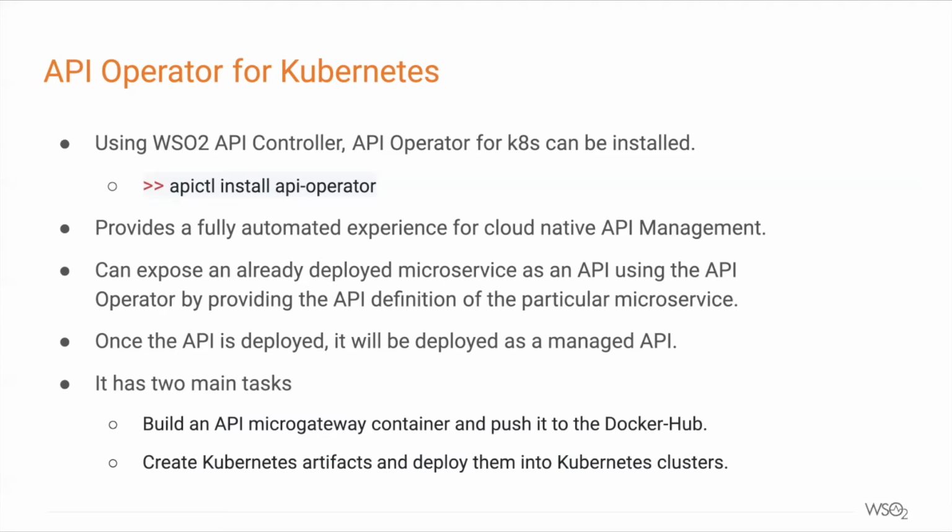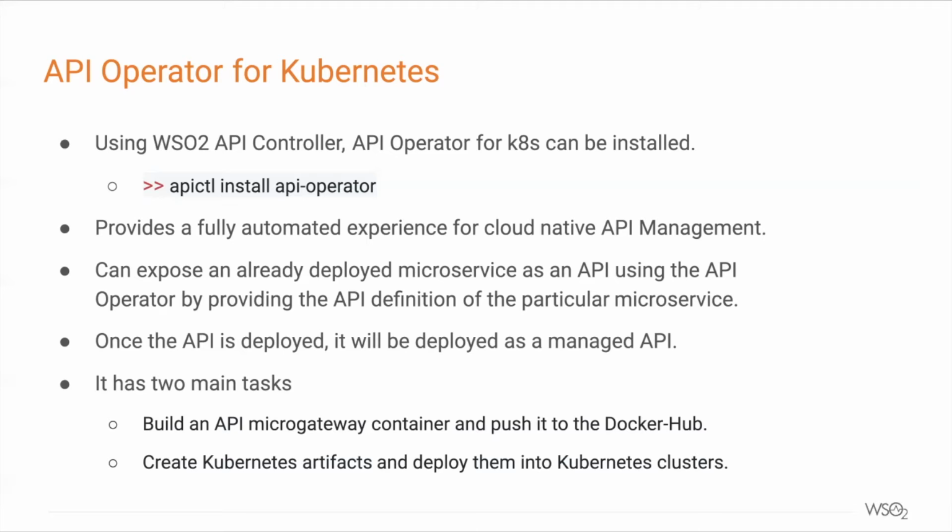Similar to deploying microservices, you can now use this operator to deploy APIs for individual microservices or compose several microservices into individual APIs. With this, users will be able to expose their microservices as managed APIs in a Kubernetes environment without any additional work.